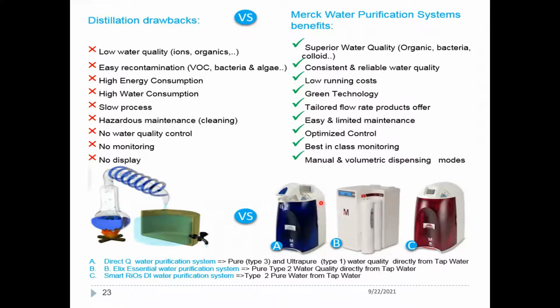And these usually give you a low running cost compared to this, where you'd have to use about 2 kilowatts of energy to produce 2 liters of water, and also between 20 to 30 liters to condense that same water. So with these systems, as you see in A, B, and C, you spend less energy producing the water, less water in producing water, so you have less waste.